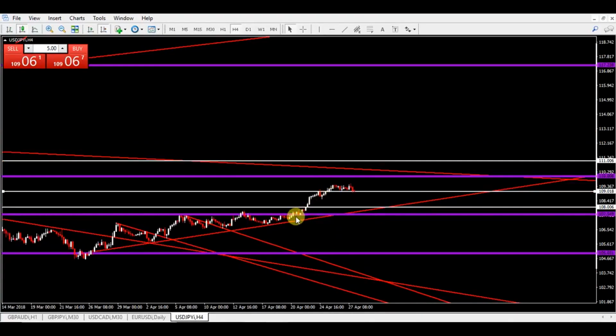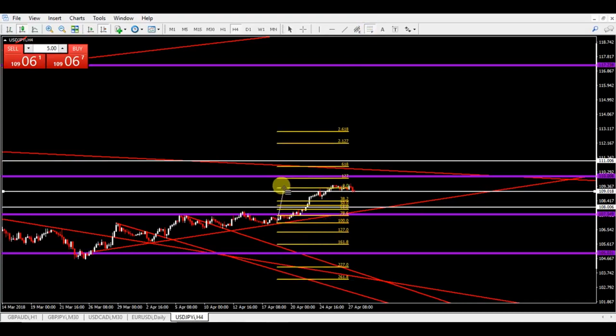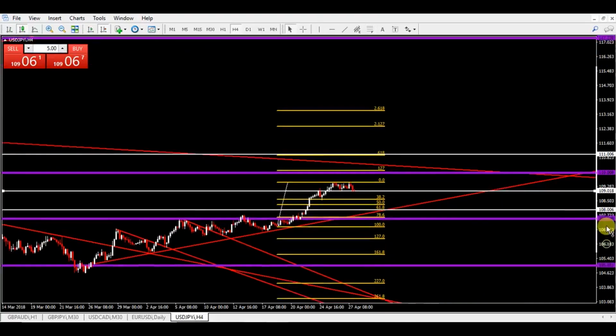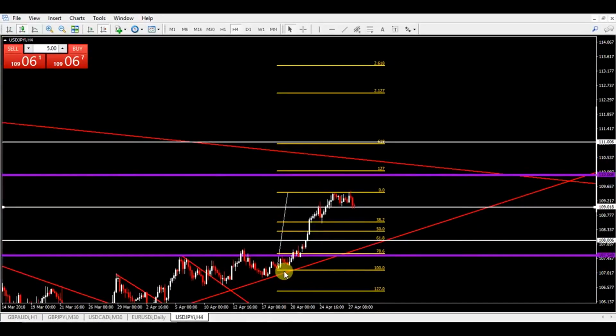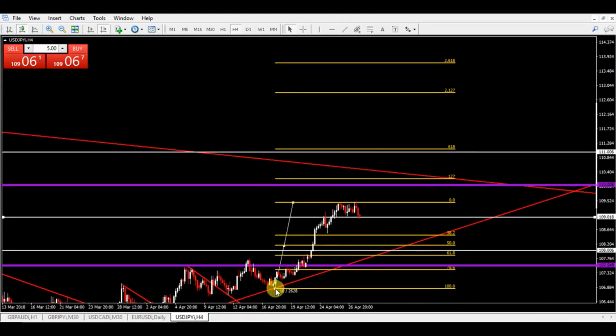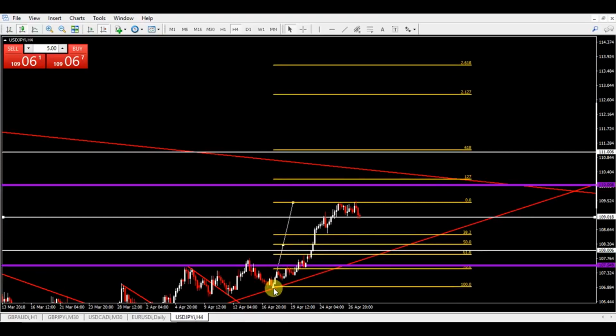Extension was hit there. So now, where can we expect that market to fall to before continuing potentially higher? Well, the most recent swing low to the identified swing high, and coming down into the same area.